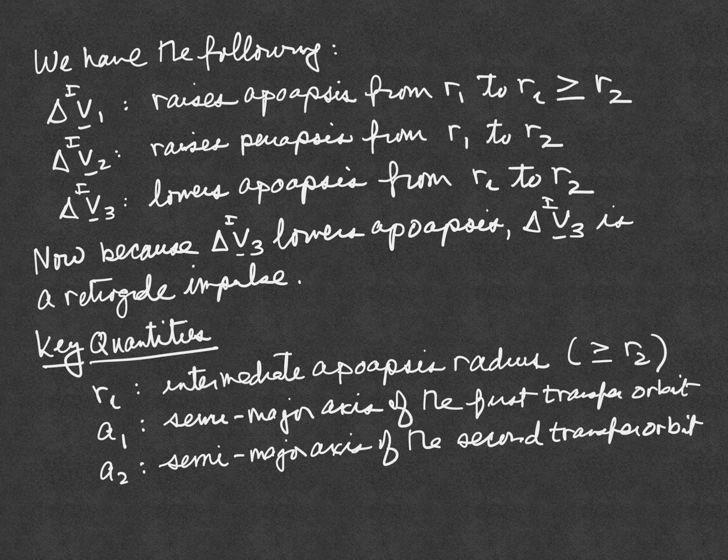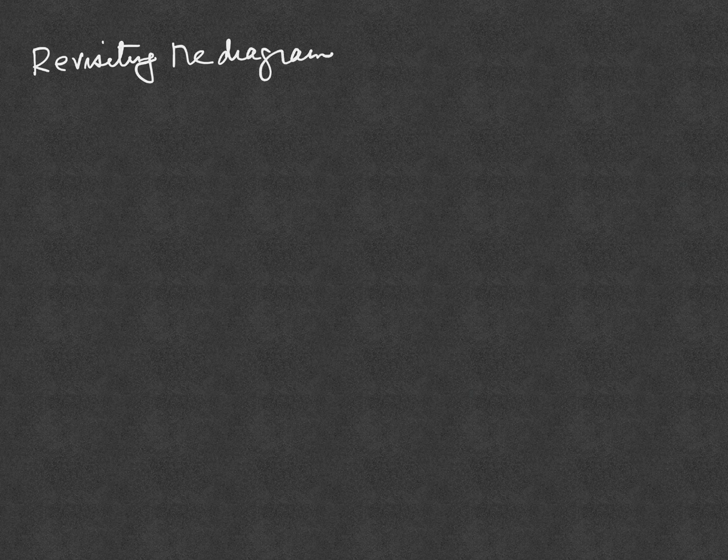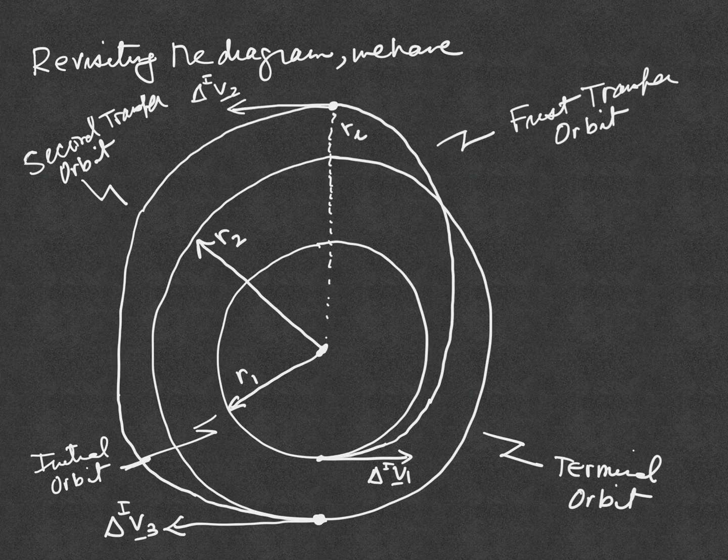Now let's look at this again in the diagram, and we'll look at it in a little bit more detail. So revisiting the diagram, we can see here, first we're going to label all these, that Ri is bigger than or equal to R2.